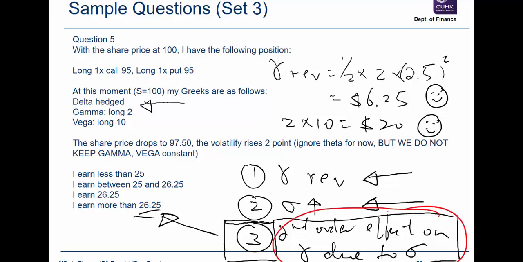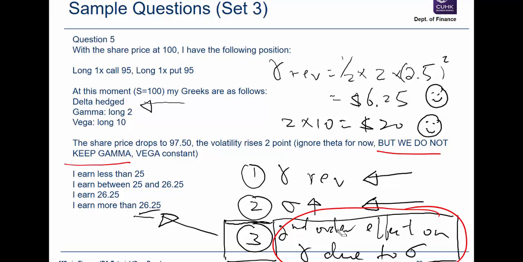Oh, well, you know, your vol goes up, so your gamma should go down. I agree with that, but it's not clear how that impacts. And they did say that you don't keep gamma constant.